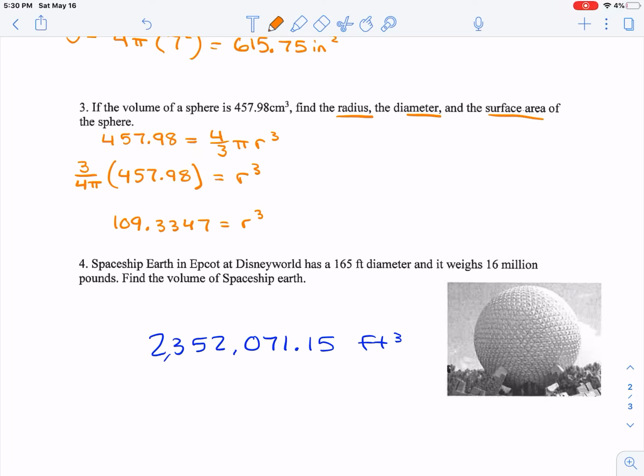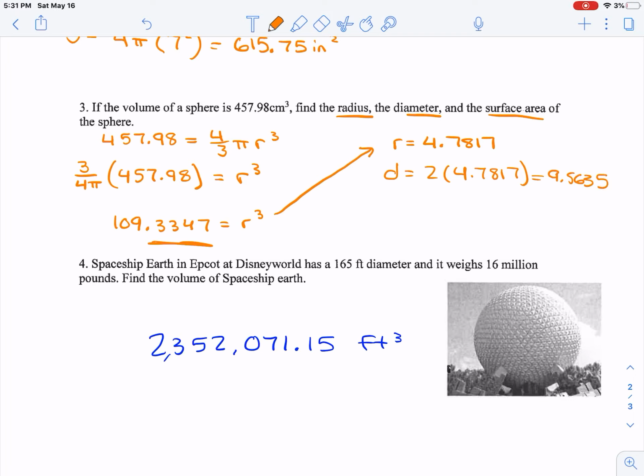Okay? But once we go ahead and do that, we're going to easily solve for r, and we're going to get 4.7817, okay? And again, that depends on how many places you rounded to here. But now that you have your radius, finding our diameter is going to be super simple. We just have to multiply that radius by 2. And when we do that, we're going to get 9.5635.